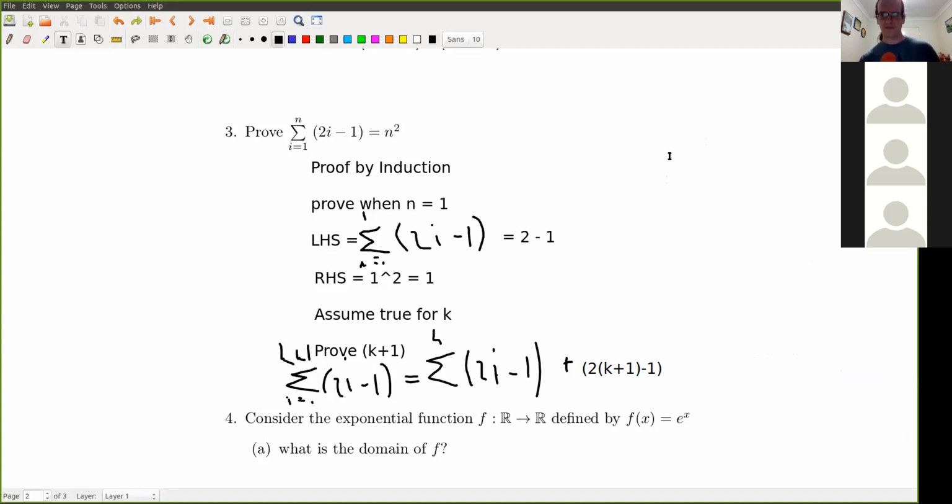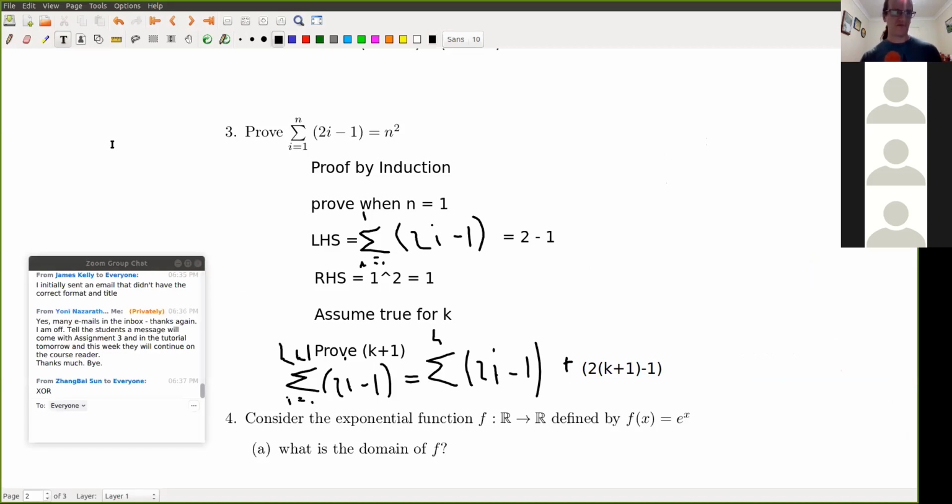So up here, this first part here is the bit we assumed is true.